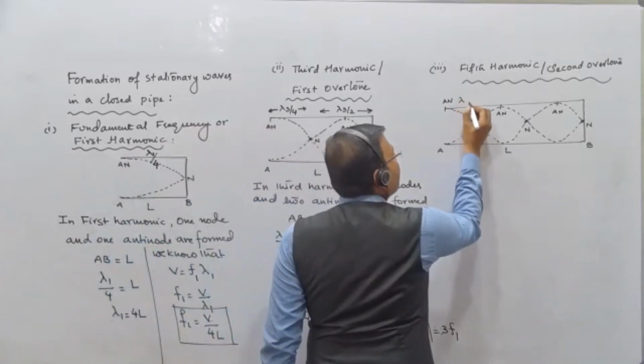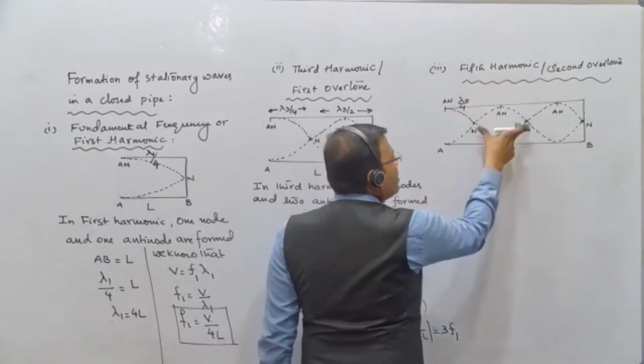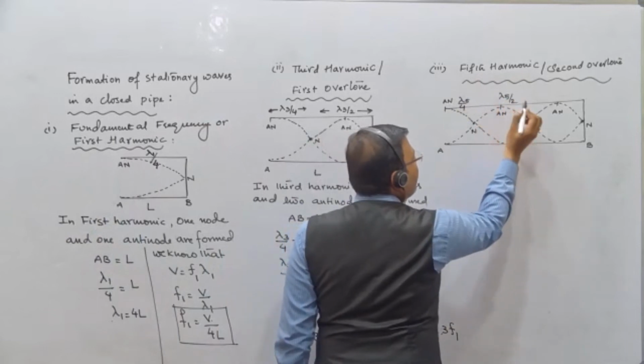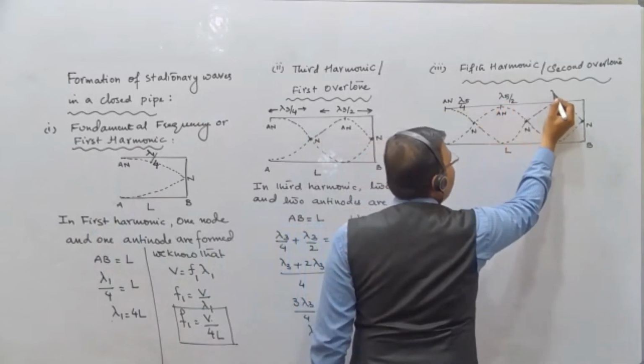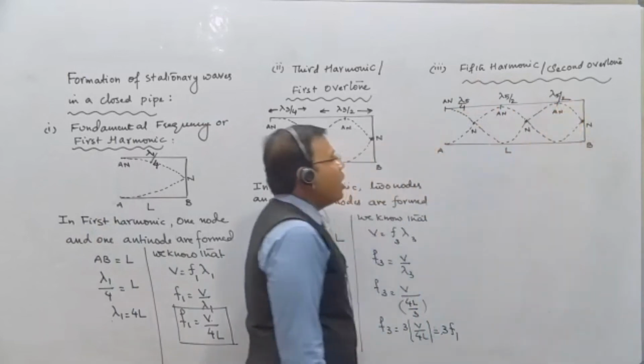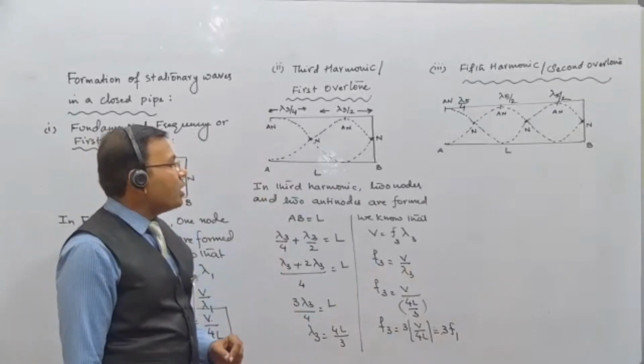So we go for this situation. Here I'll write lambda by 4. Because it is the fifth harmonic, I will write lambda 5. This is the complete loop, so therefore it is lambda 5 by 2. This is also a complete loop, so I'll write lambda 5 by 2. So what we can write, the first point here is how many nodes and how many antinodes are formed.